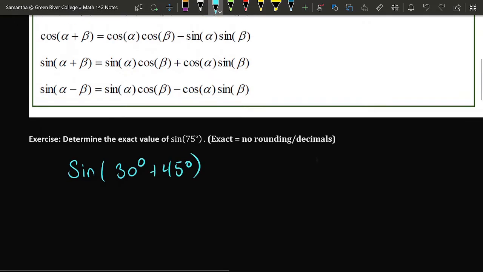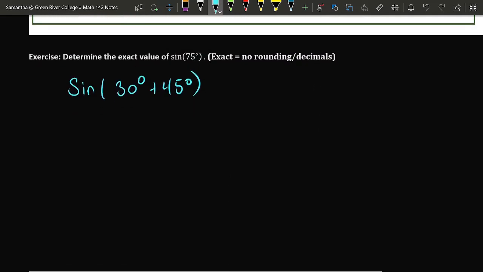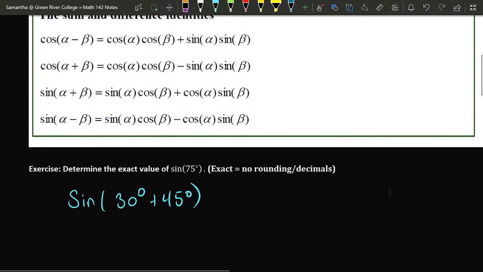And what's nice about 30 and 45 is that these two values show up on our reference circle image. And therefore we can find exact values of both sine and cosine at 30 degrees and 45 degrees individually.